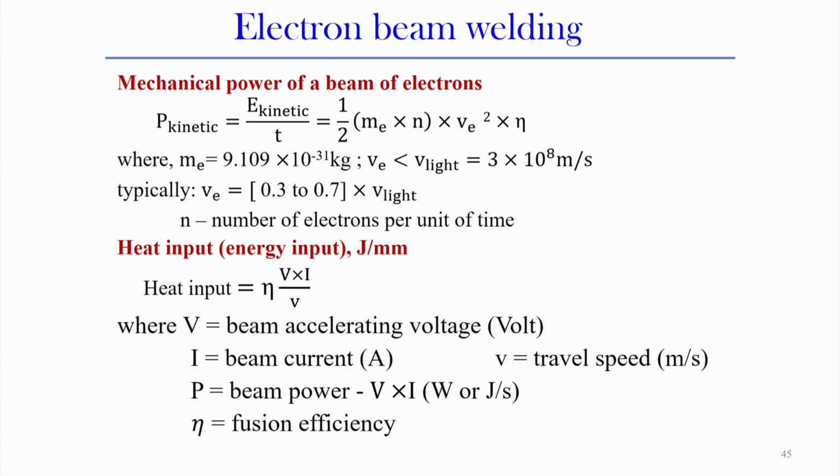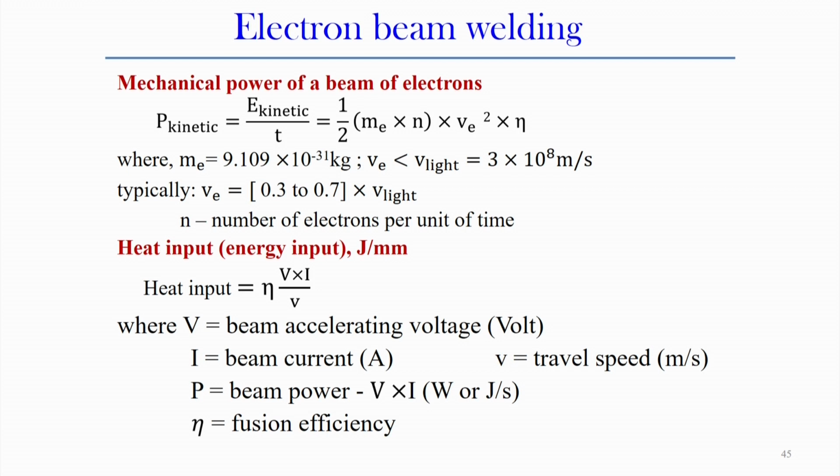So, here you see the efficiency times volt times current divided by the welding speed. V is the beam accelerating voltage, I is the beam current, small v is the travel velocity, that means welding speed, and capital P is the power of the beam.